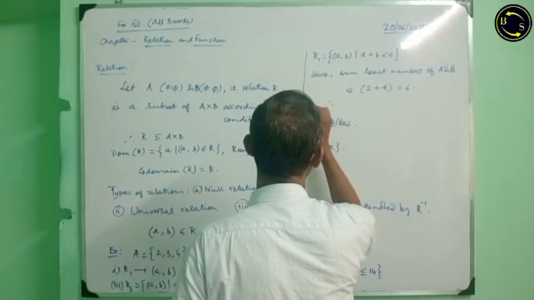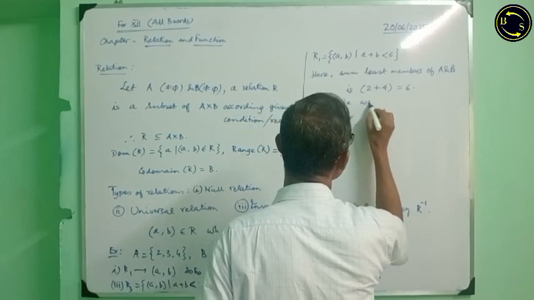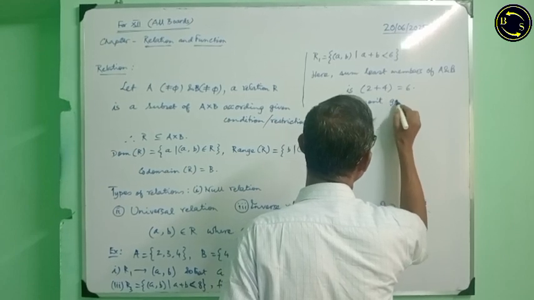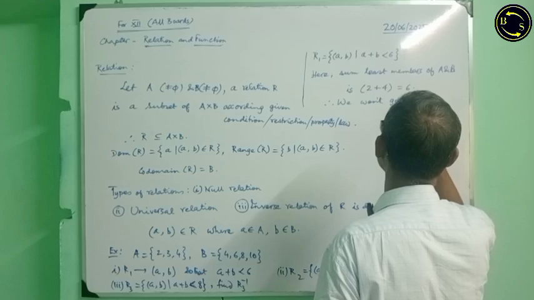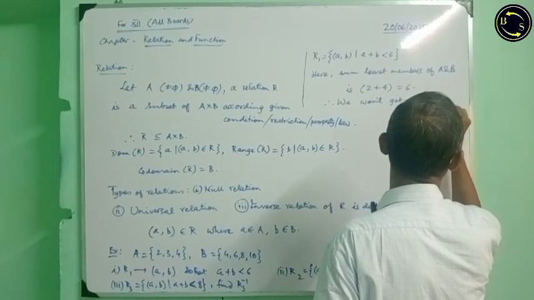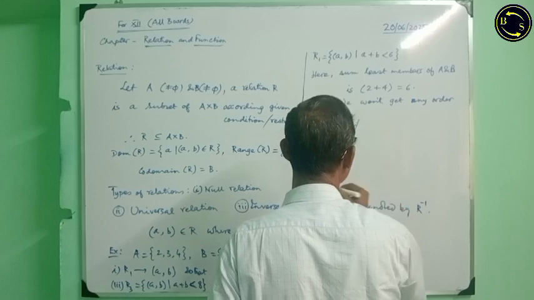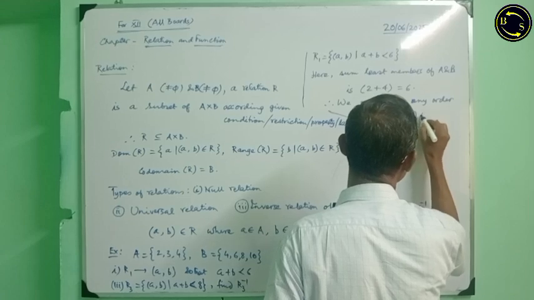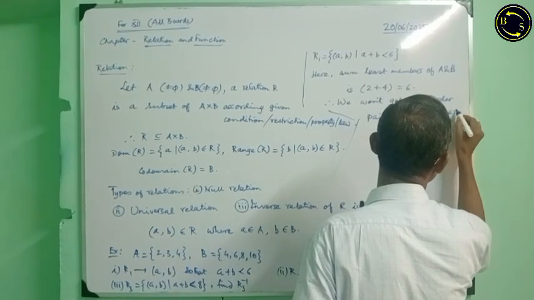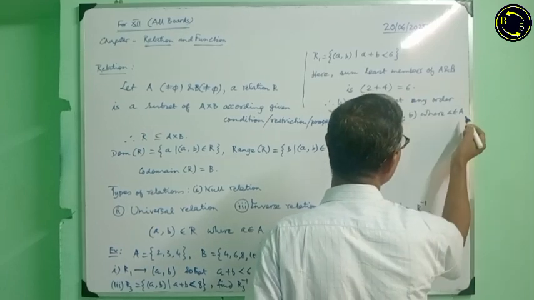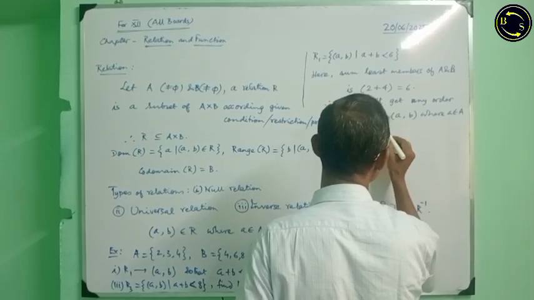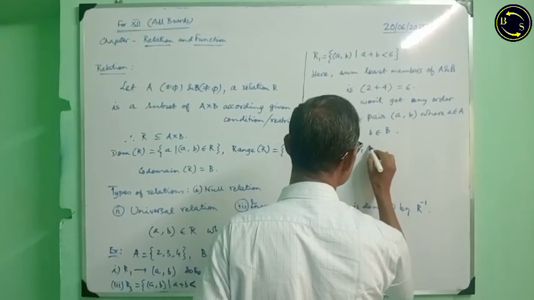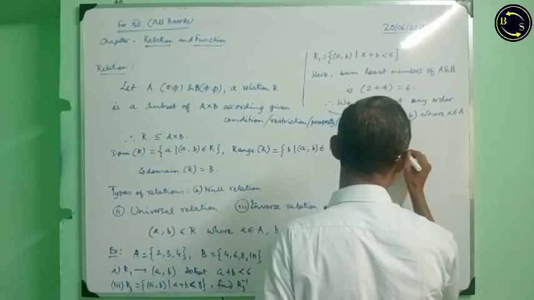Therefore, we won't get any ordered pair (A, B) where A is a member of set A and B is a member of set B. Therefore, R1 is equal to null relation.